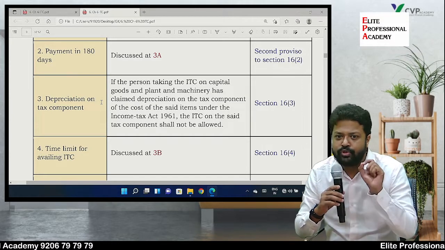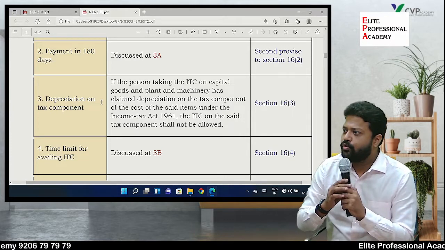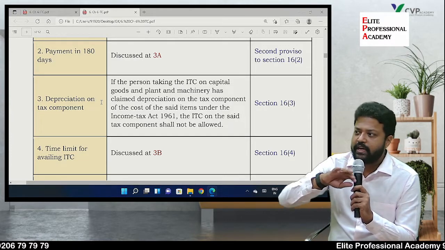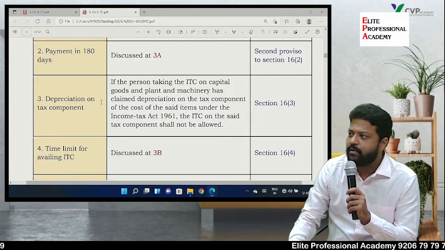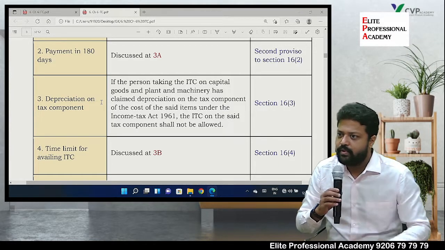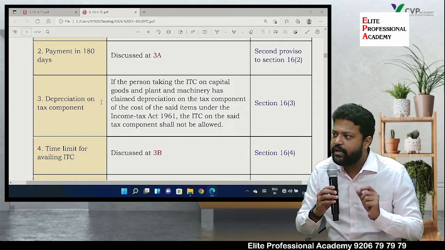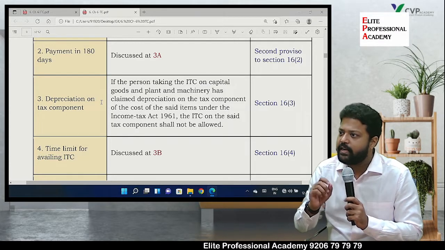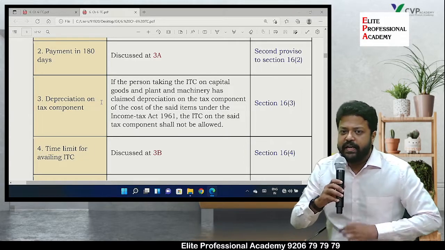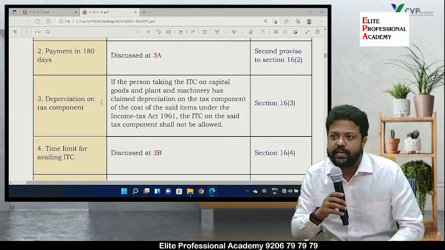That is the most crucial aspect, because if the benefit of input tax credit is not carried forward to the next chain, then automatically the price of the product or the service becomes higher. So that is the reason it is very crucial to implement all the aspects related to input tax credit appropriately.